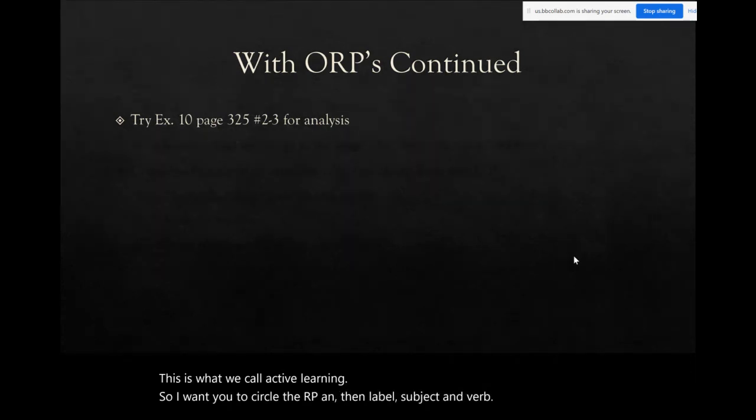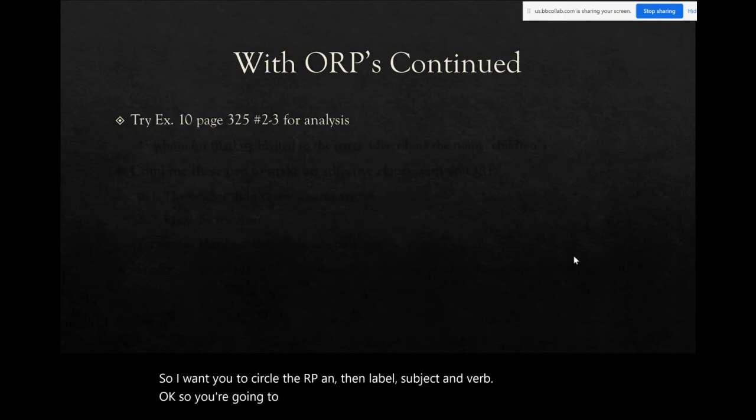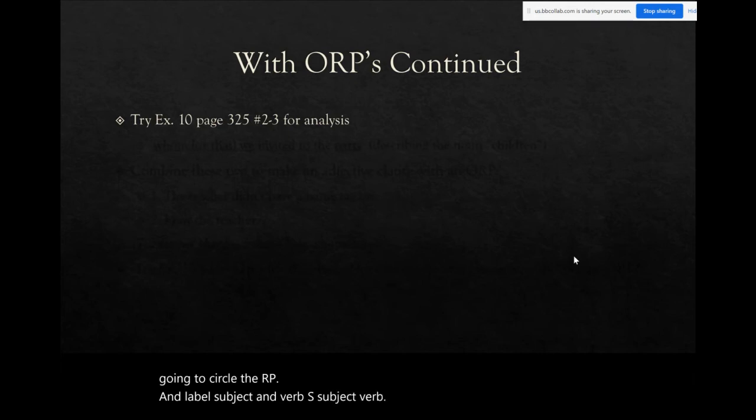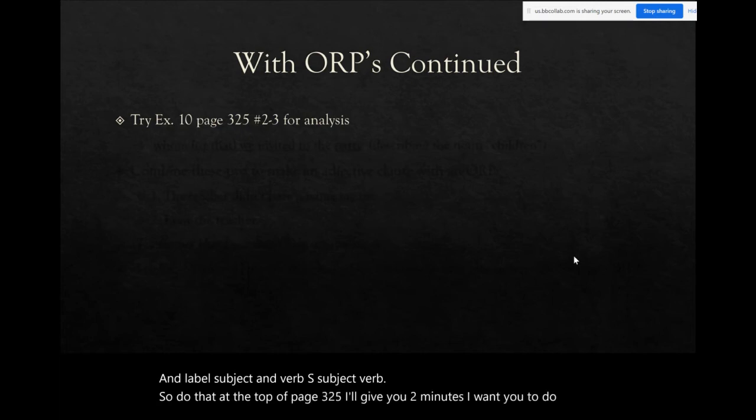You're going to find the adjective clause in number 2 and 3. S, subject, V, verb. Do that at the top of page 325. I'll give you 2 minutes. I want you to do number 2 and 3.